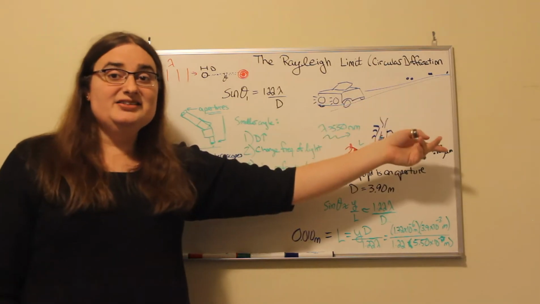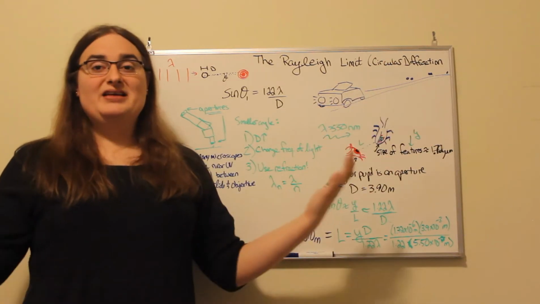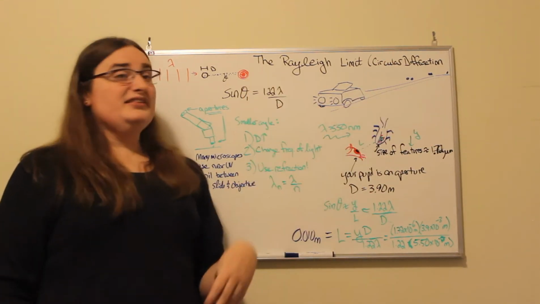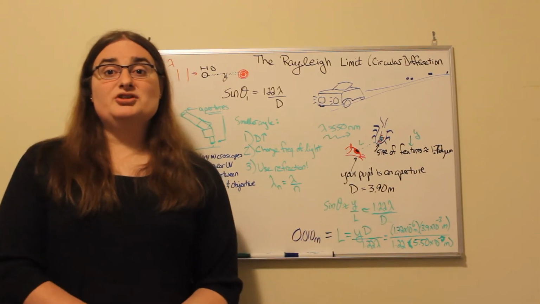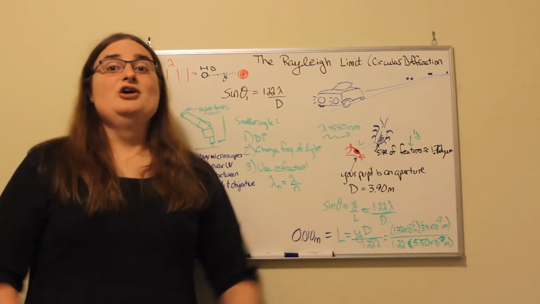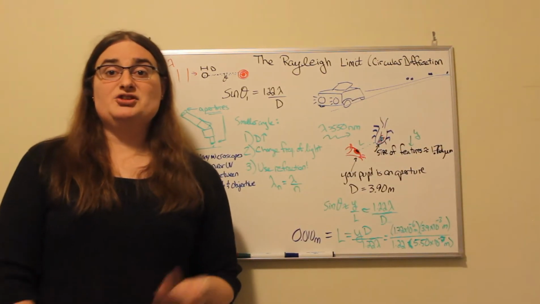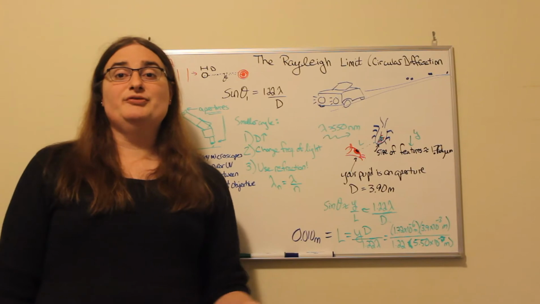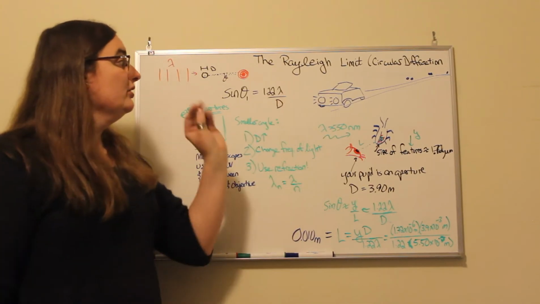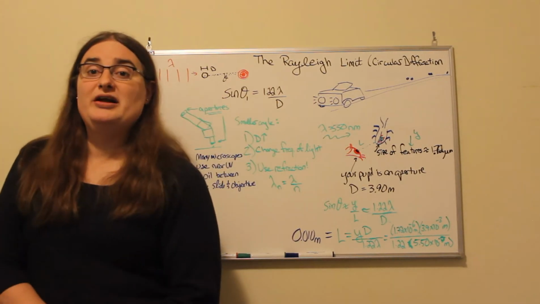Same idea. Telescopes, they have a diameter. That diameter sets the limit that you can see, which is why most telescopes have huge diameter mirrors or really big lenses if it's a refracting telescope and not a reflecting telescope. It's all about trying to help with the Rayleigh limit.